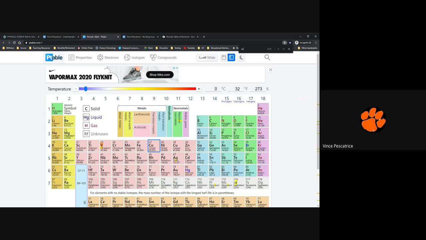I just put VAN and it starts popping in and it's right here. Or say I need a symbol, CR, comes up. That's a quick way to find things on the periodic table if you don't know where they are.